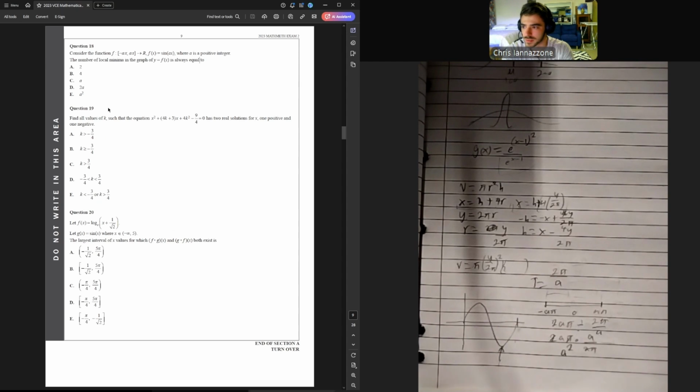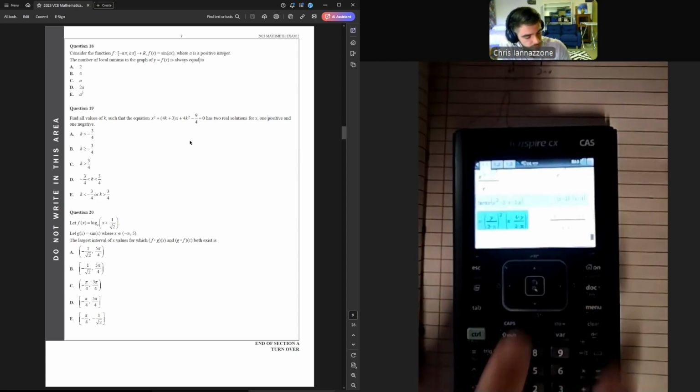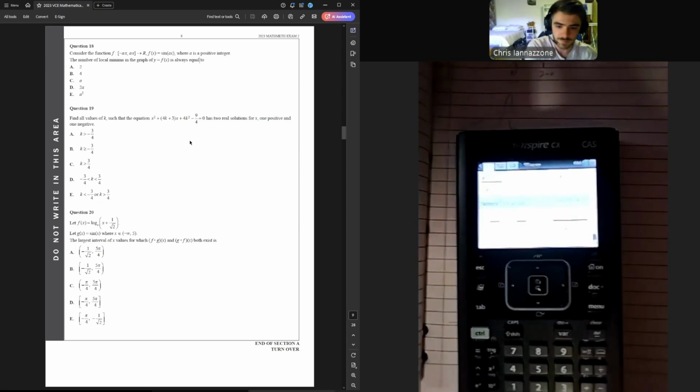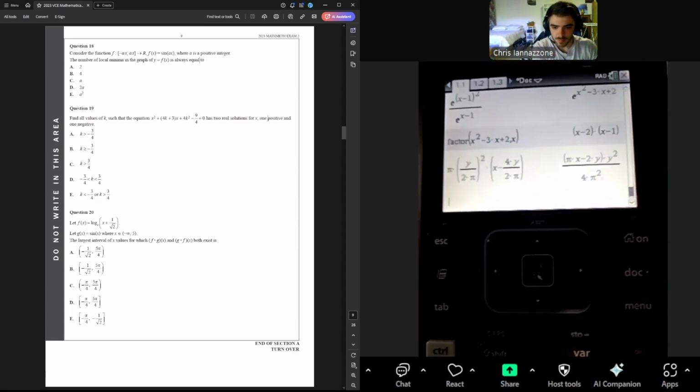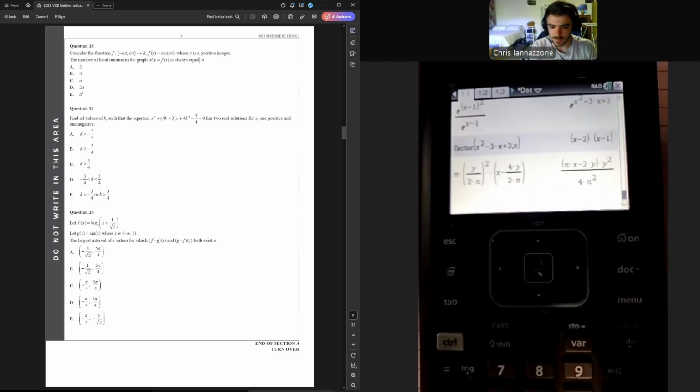We're finding k. K is not the actual thing we're trying to find solutions of. We're trying to find solutions of x. You can see that there, 2 real solutions for x. So how do we figure out the number of solutions? Well, how do you figure out the solutions to this quadratic? Step 1 will just be look at the CAS. The CAS should have some answers for us. So all we're going to do is type in exactly what we have there and solve it for x.